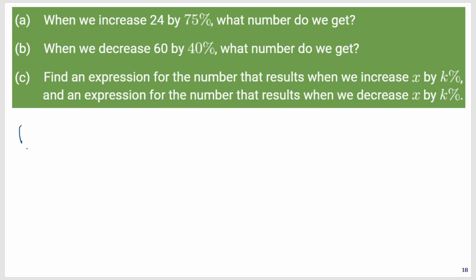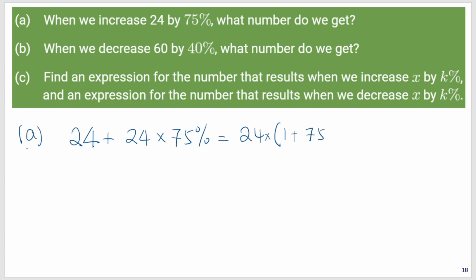Okay, let's consider them together because all of the questions are pretty straightforward, right? So when we increase 24 by 75%, this means the new number becomes 24 plus 24 times 75%, which is actually simplified to 24 times 1 plus 75%, right? And this gives us 42.